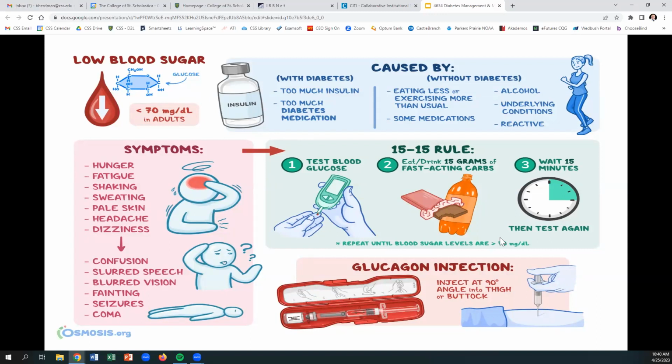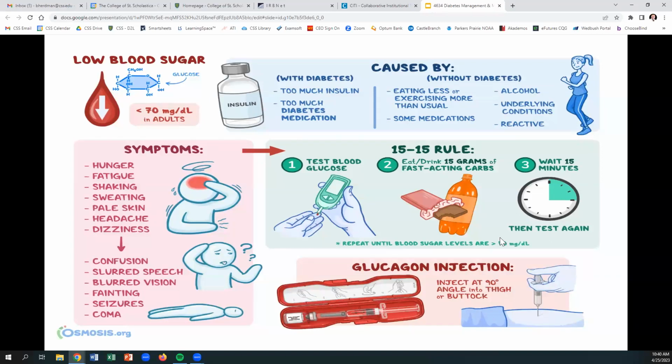Okay. There is a drug out there called glucagon, and glucagon is an intramuscular injection. So say, for instance, your patient has a very low blood sugar and they are symptomatic, so they don't have a very good gag reflex. You wouldn't feel safe giving them any food.